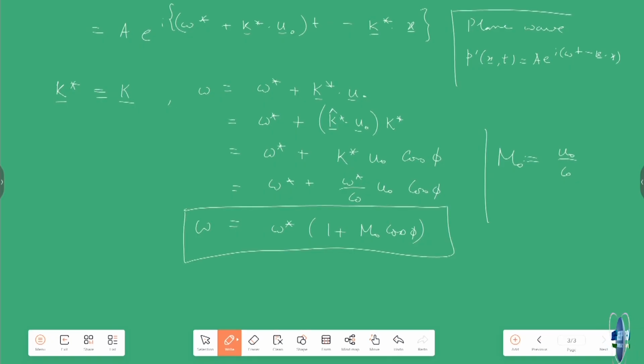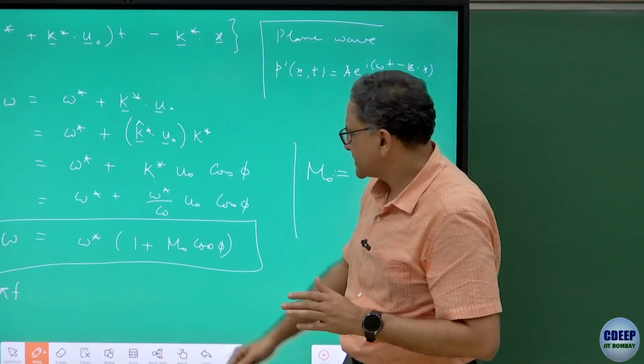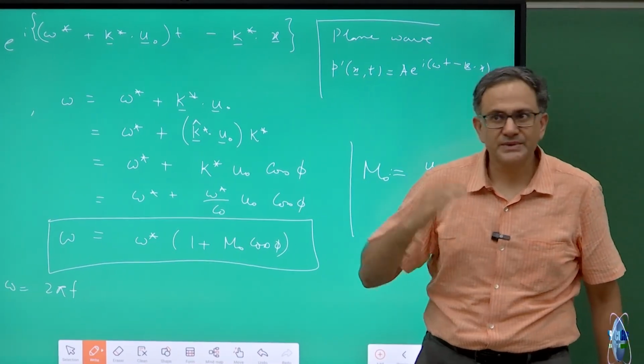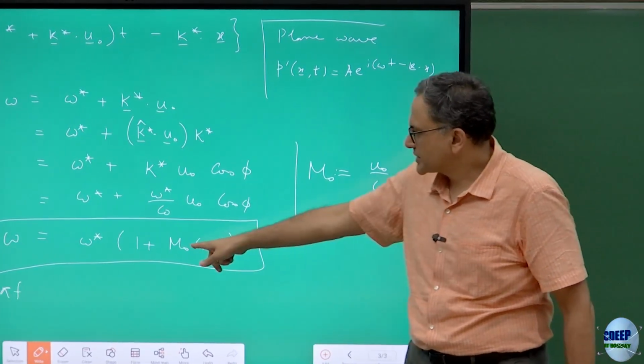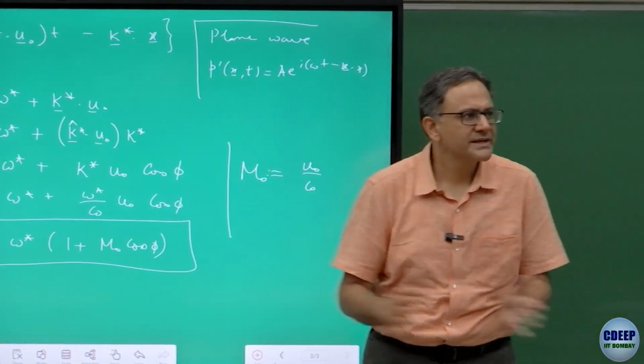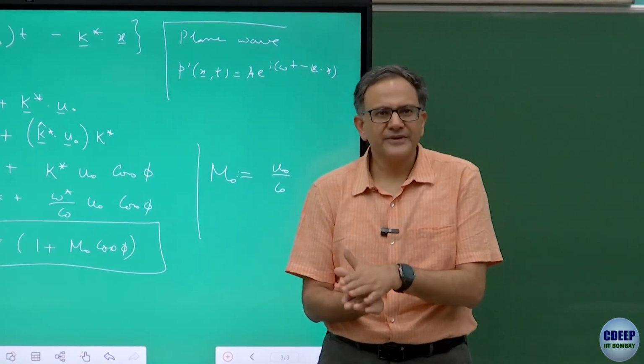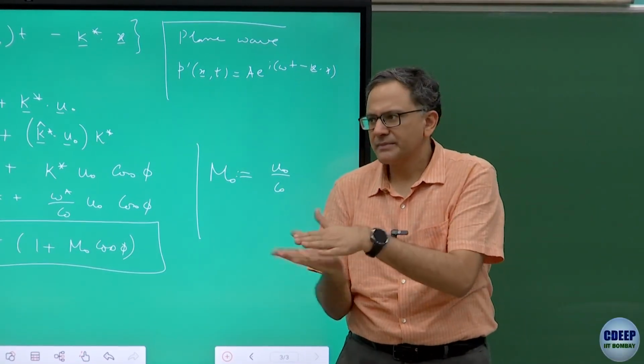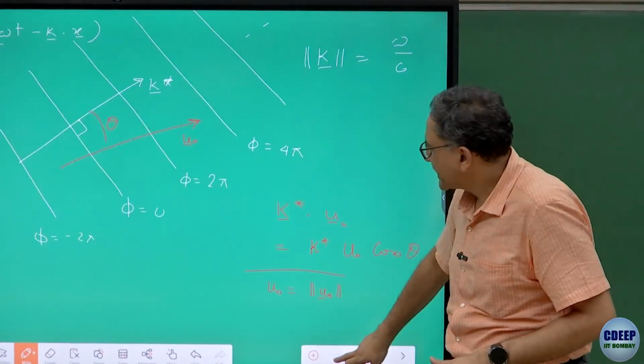So the observed frequency, remember that frequency is related to omega by 2 pi f. So the observed frequency, you are sitting here and counting with a stopwatch when the wave fronts pass by. And so what you measure is different from what the wave frequency was sent out by the source because of the motion of the medium. So the medium is hastening things if phi is within minus pi by 2 to plus pi by 2, because these waves are aligned.